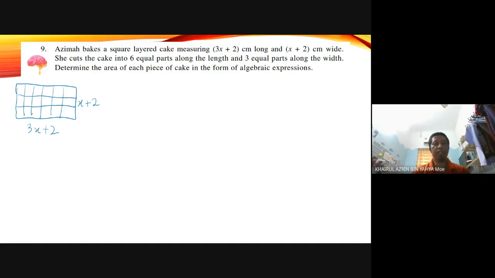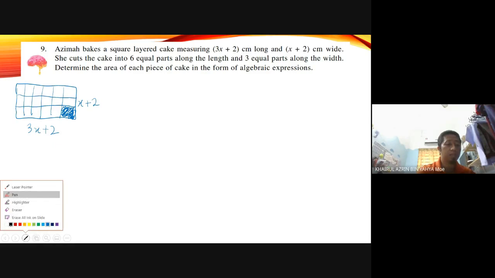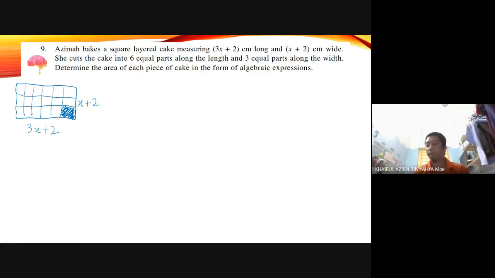So what is the question? Determine the area of each piece of cake in the form of algebraic expression. Area of piece of cake. Meaning only one area. If I shaded the region, only this area. Only one small part. Only that area we want to know. So to get the answer, let me write here.